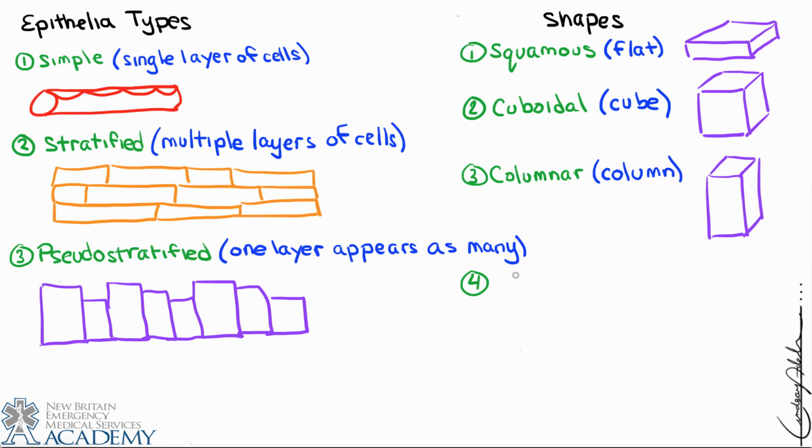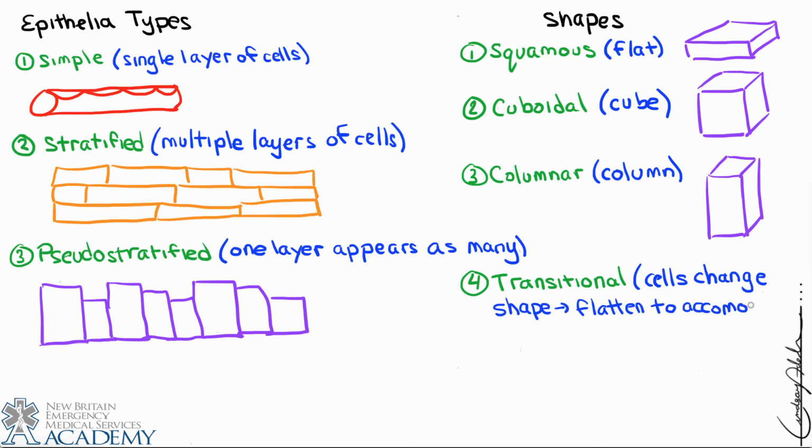Then we also can have transitional epithelium, and this basically means that the shape can change to accommodate things like stretch. Transitional epithelium, for example, would be found in the bladder. As the bladder fills with urine, the bladder will stretch out to accommodate the new fluid that's contained within it, and the cells actually change their shape in order to accommodate this function.